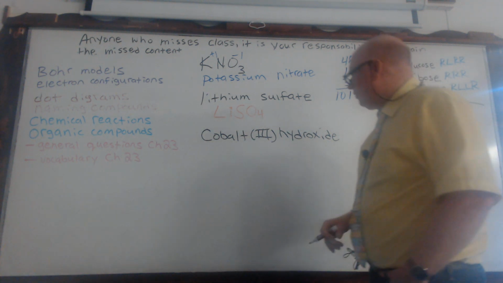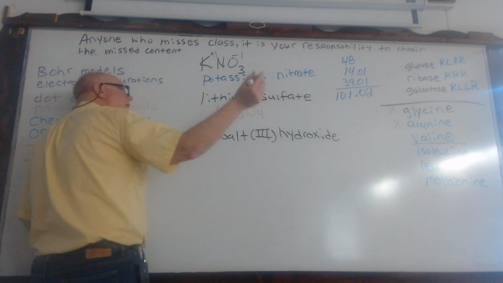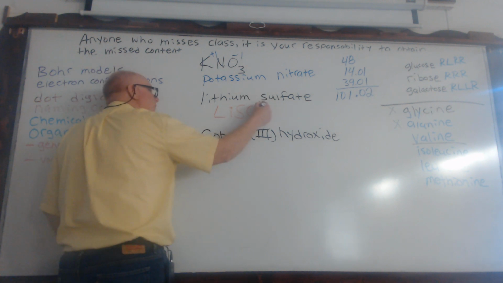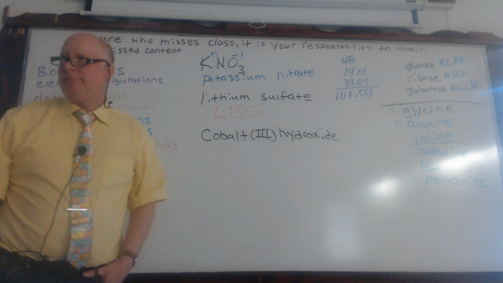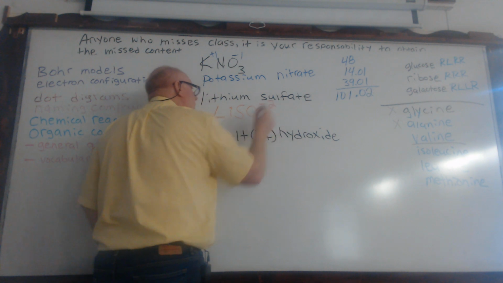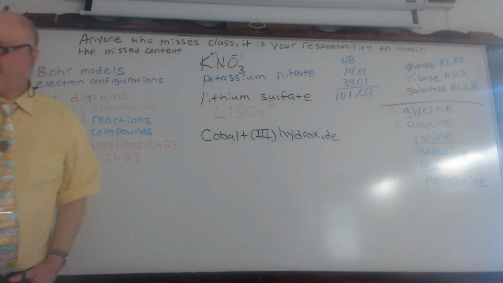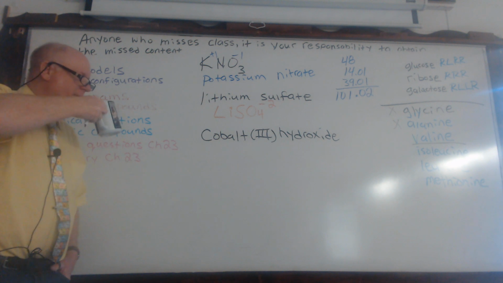So we start with our negative anion side. What's the charge of sulfate? Negative what? Negative 2. Okay, so sulfate is negative 2. Lithium is positive 1. So again, does that add up to 0?